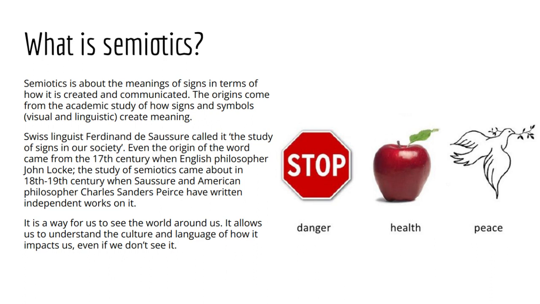It's a way for us to see the world around us, and it allows us to understand the culture and language and how it impacts us, whether we see it or not, because it's everywhere.